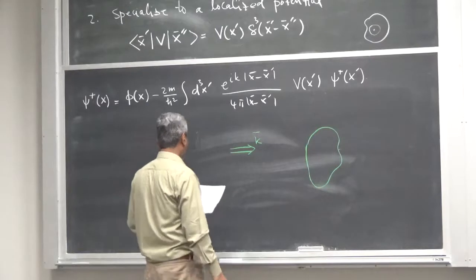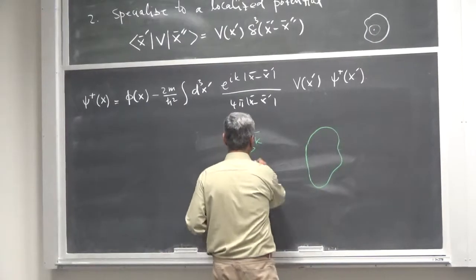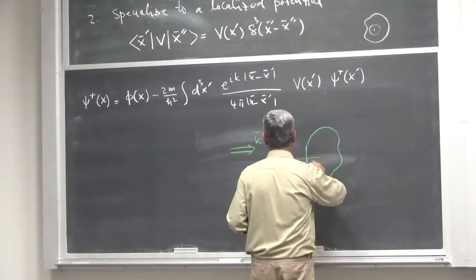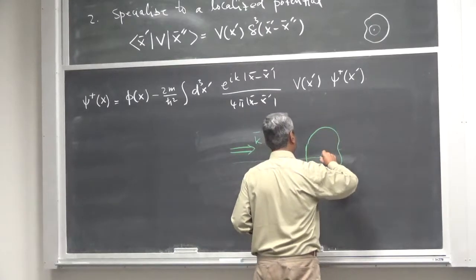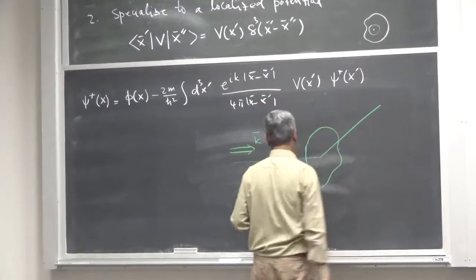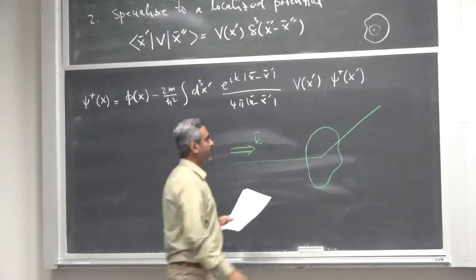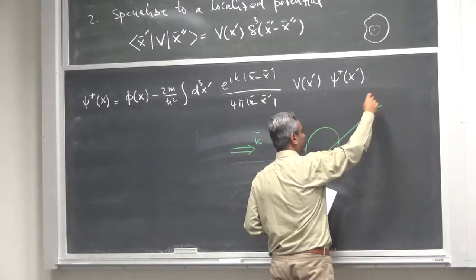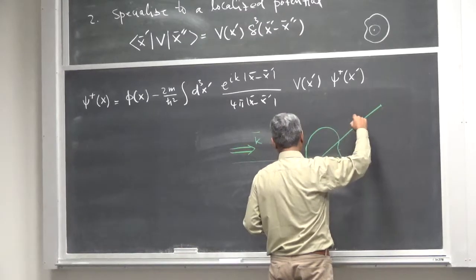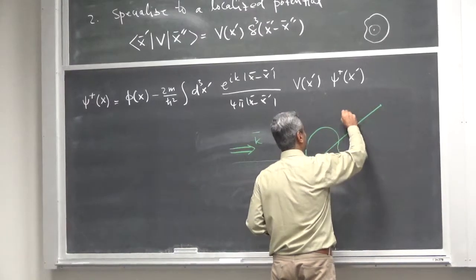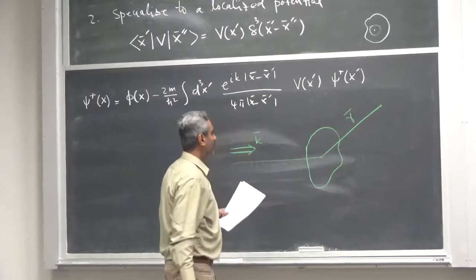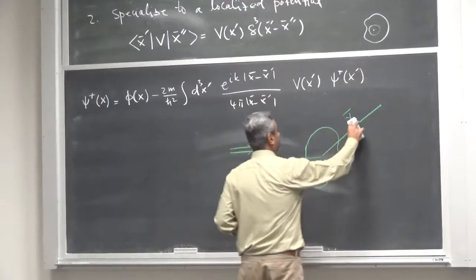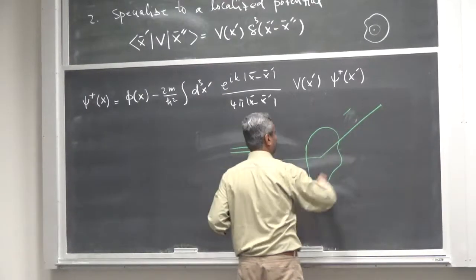And so this is direction k, and then you're scattered in this direction. And this is the point P where you're observing the particles, that's where your detector is. And so this direction is R or X. We're calling it X.